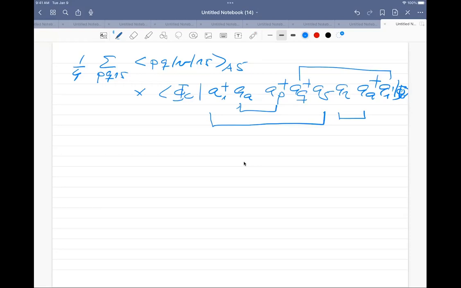And when I now look at these possible contractions which I have, in total, there will be 3 more possibilities. This term here gives me minus, and there's going to be a matrix element which will have a factor of 1 divided by 4.